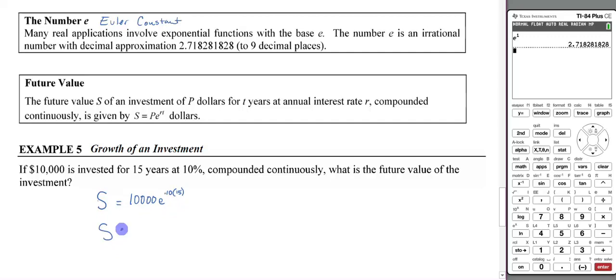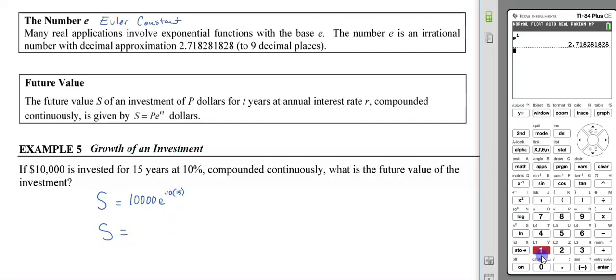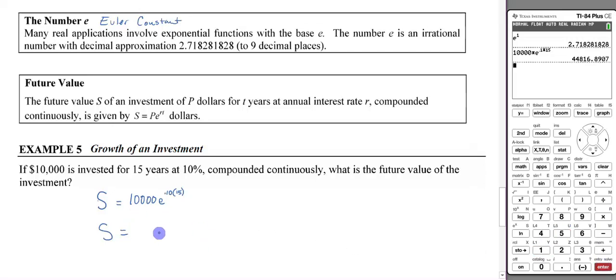All right, so we'll get this put into the calculator just from the home screen. 10,000 times second, natural log gives us e, to the 0.1 times 15, and that will be $44,816.89 is what that compounds to after 15 years.